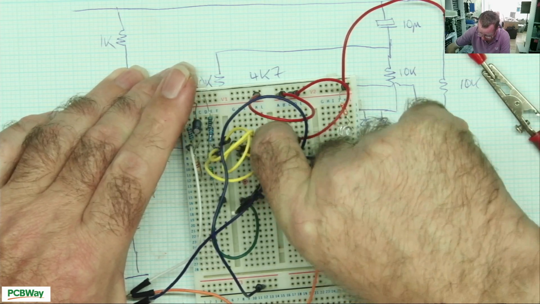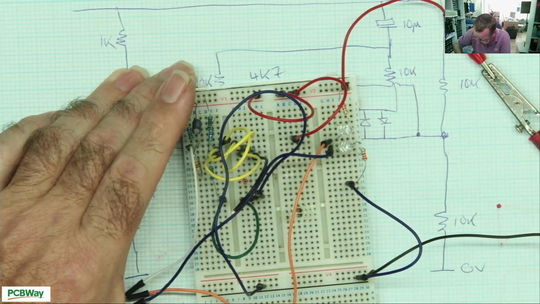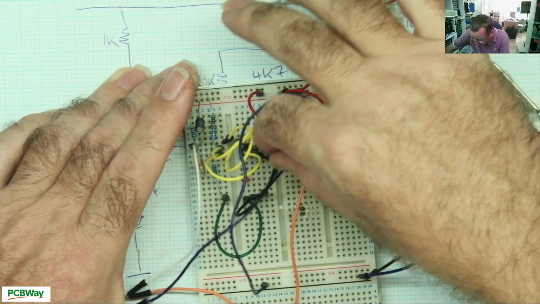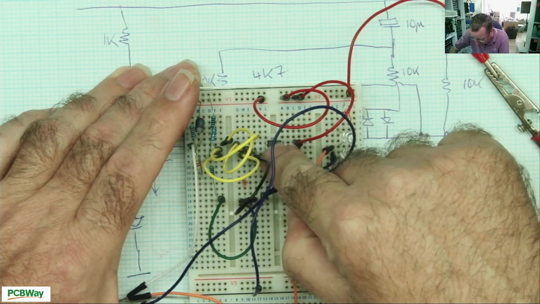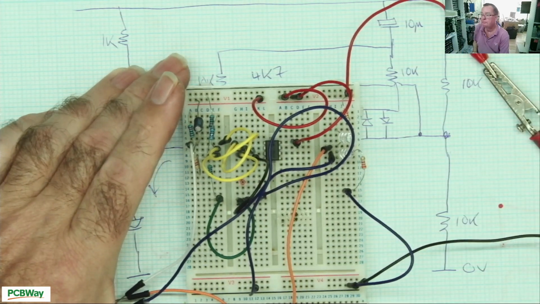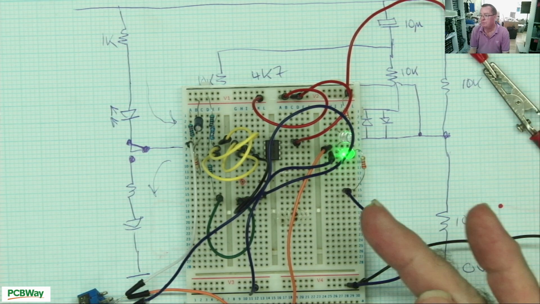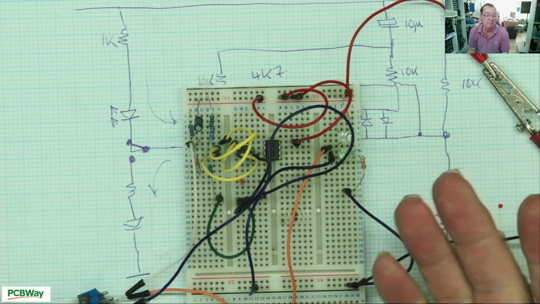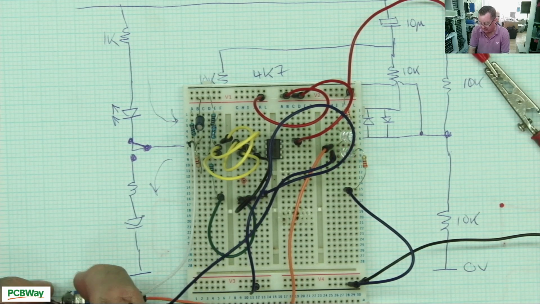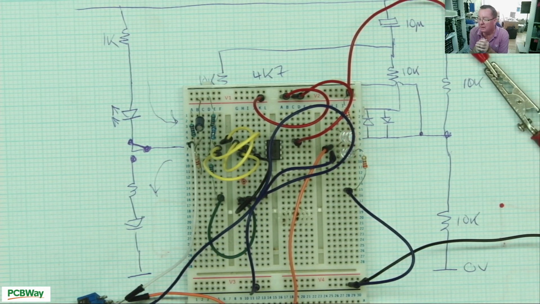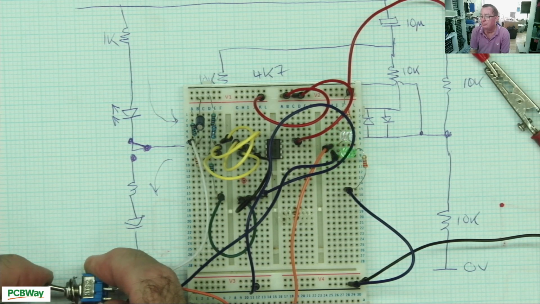So if we take the comparator out and we put our op amp in, LM358, okay, power it up, and now the green LED is flashing, much brighter by the way, notice, because the op amp is now driving it. And in the other position, the red LED flashes. So the op amp will actually work in both positions.